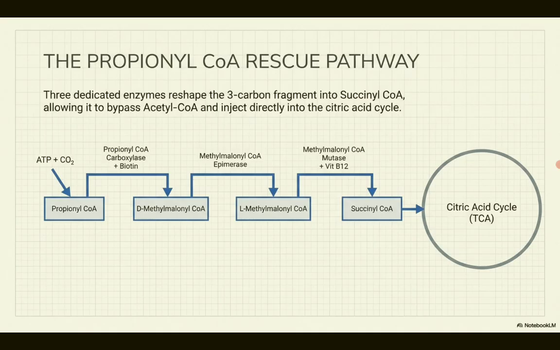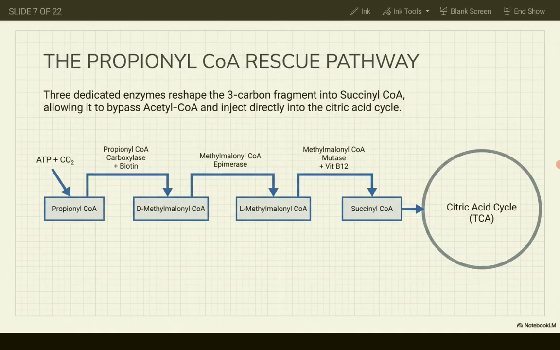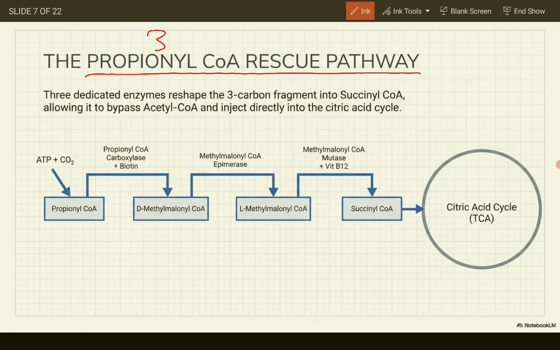So what will happen? This is the propionyl CoA rescue pathway. Three dedicated enzymes reshape the 3 carbon fragment into succinyl coenzyme A. As you know, succinyl coenzyme A is a molecule required for the TCA cycle, or citric acid cycle.